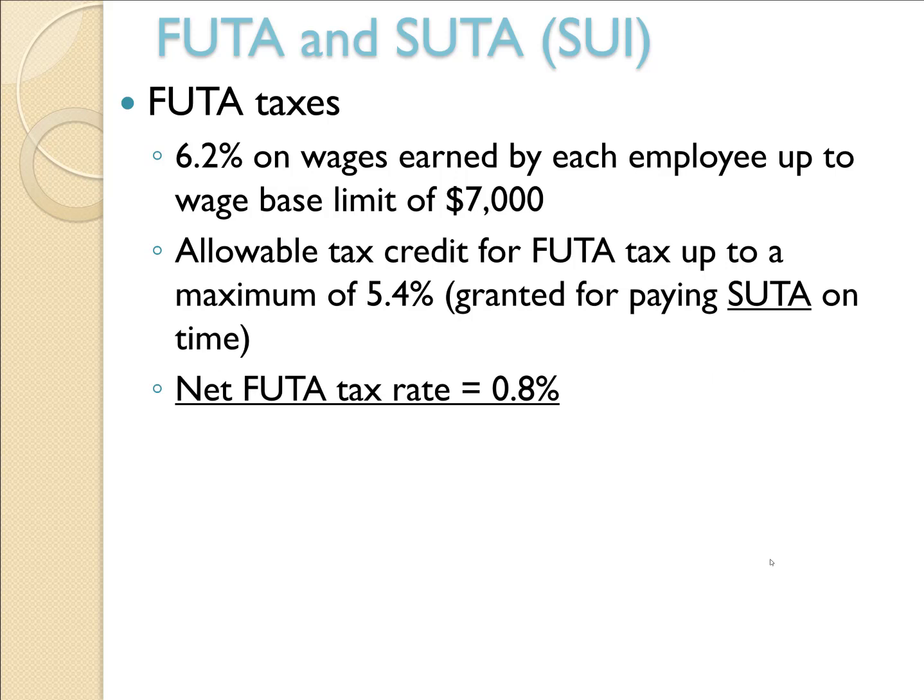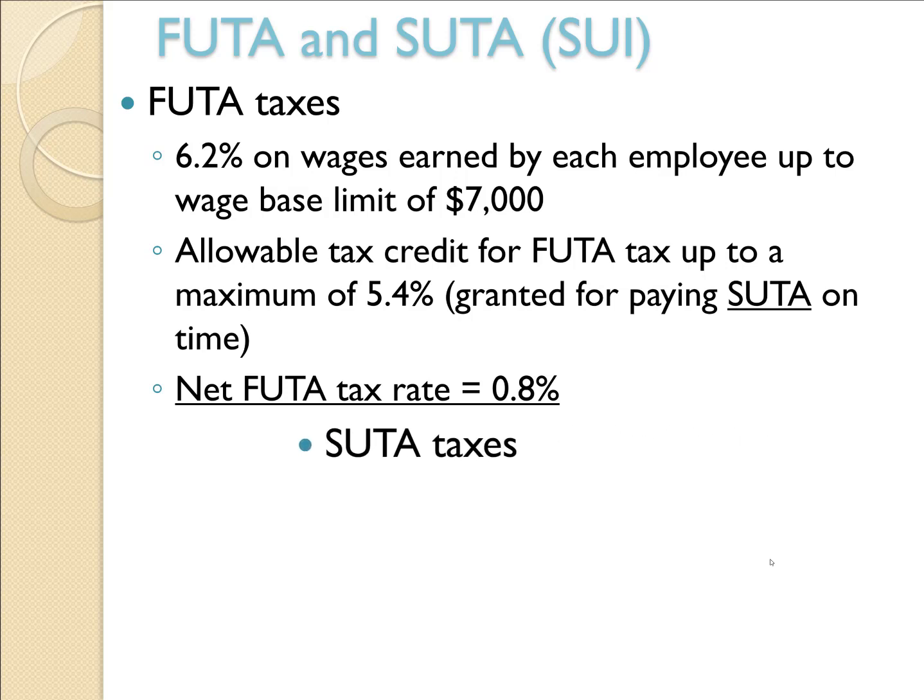So the net FUTA tax is 0.8%. We calculate that by taking the 6.2% and subtracting the credit of 5.4% for paying SUTA on time, which gives a net FUTA tax rate of only 0.8%. It's not a very big tax at all. And remember, it's only taxed on the first $7,000 of each employee's gross pay per year.